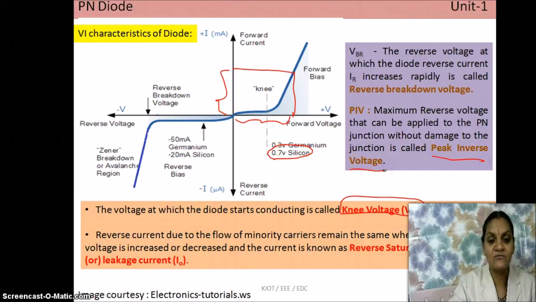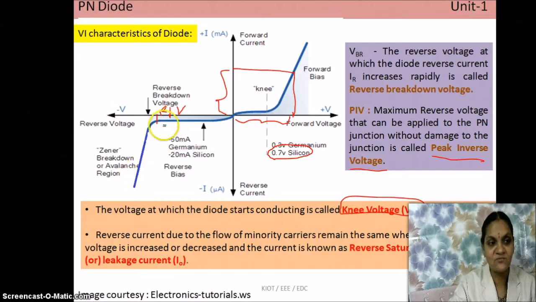And if we attempt to increase beyond this, what happens? Assume this is the peak inverse voltage, PIV. If we increase the voltage beyond this value, the PN junction is said to break down. So permanent damage will happen in the PN junction.